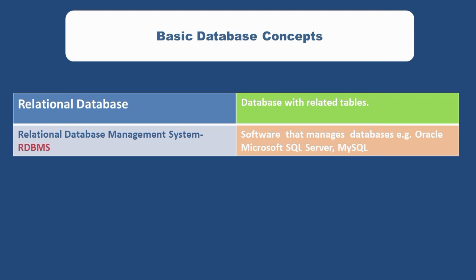It is the software that manages the databases. So examples of relational database management systems are Oracle, Microsoft SQL Server, MySQL. There are a lot more, but I've just restricted my examples to these three.